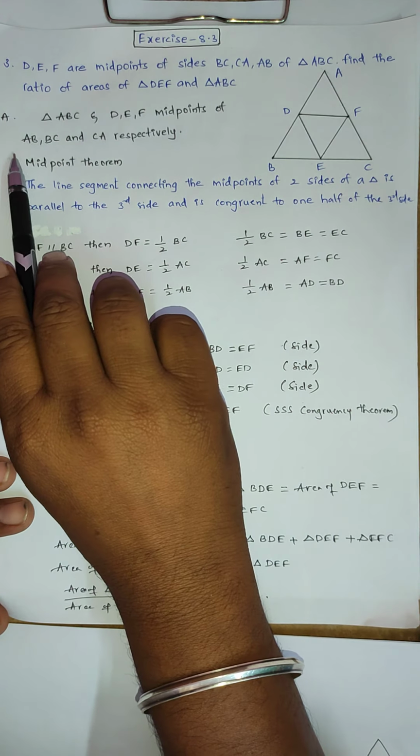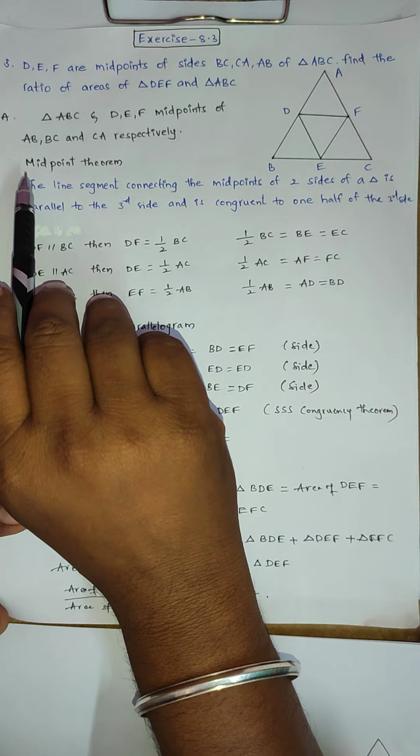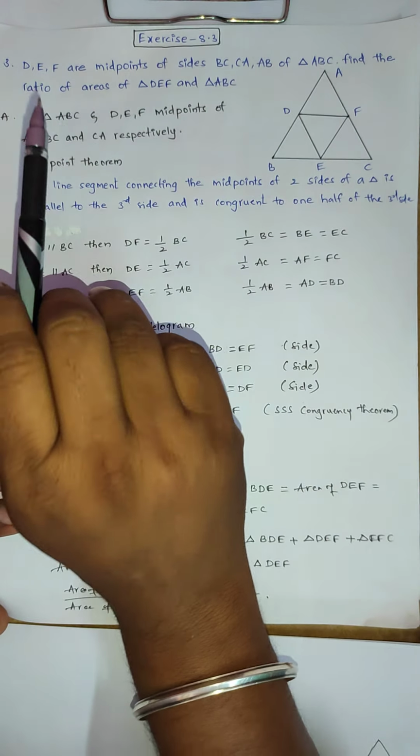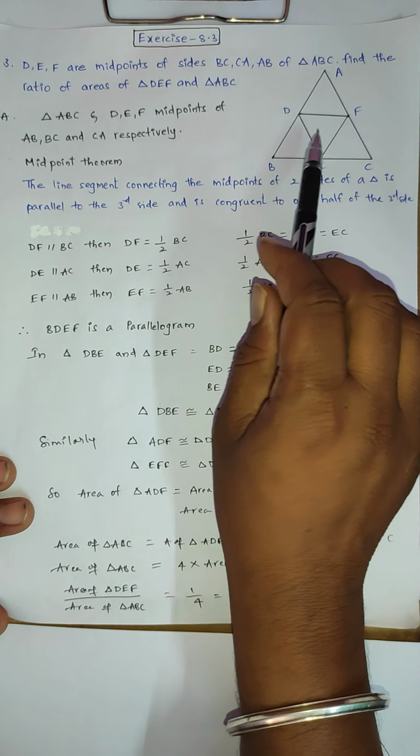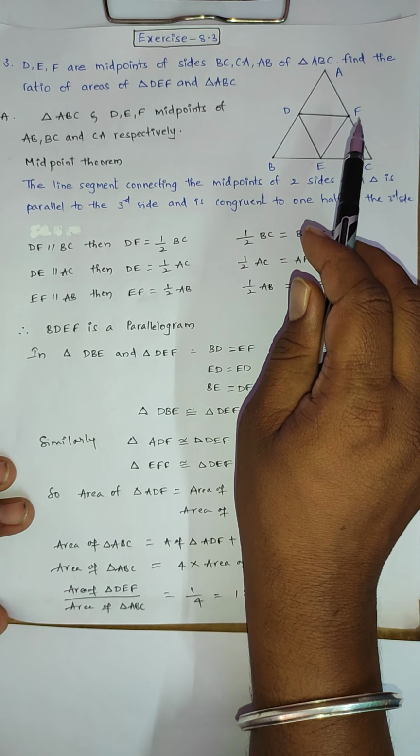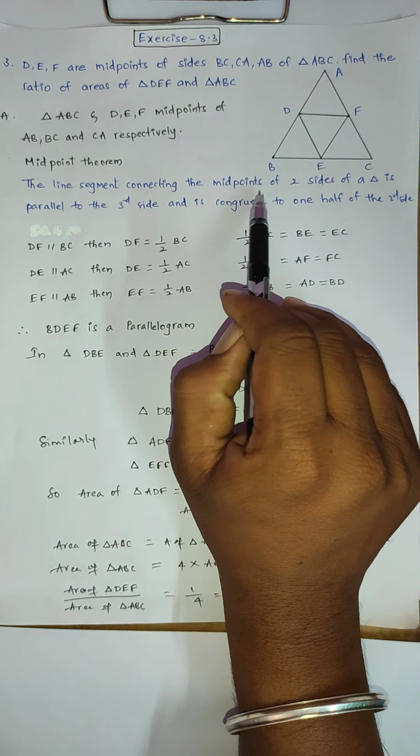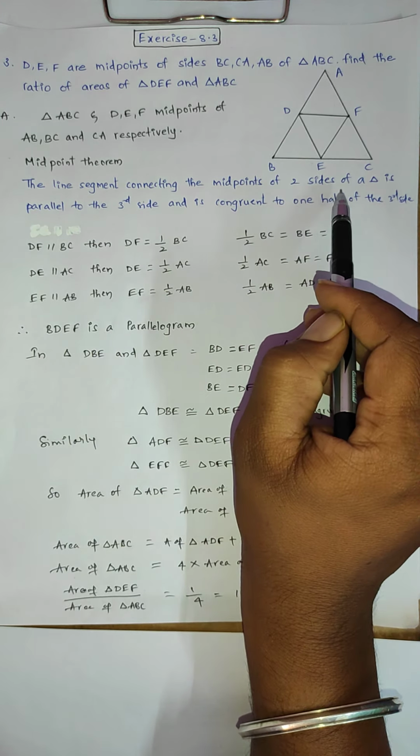Now triangle ABC, DEF are midpoints of AB, BC and CA. Midpoint theorem: the line segment connecting the midpoints of 2 sides of a triangle is parallel to the third side.